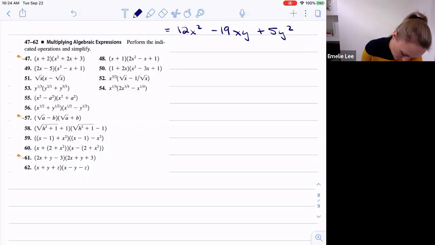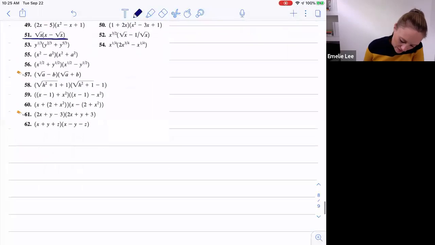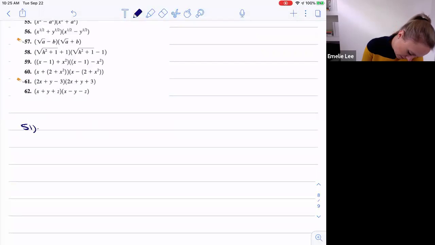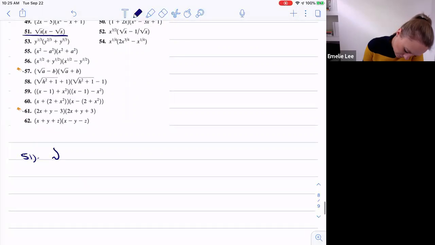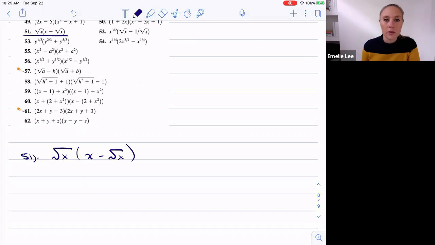I've got 51 here. So we just want to do what it tells us to do and then simplify. If we start at 51, I've got the root of x times x minus the root of x. Root of x, root of x.